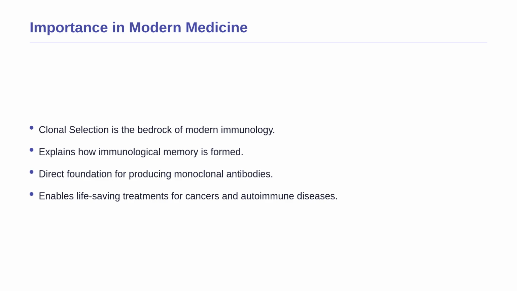Furthermore, this concept is the direct foundation for producing monoclonal antibodies in the laboratory. These are life-saving treatments used today for cancers, autoimmune diseases, and severe infections. Modern immunotherapy would simply not exist without this knowledge.